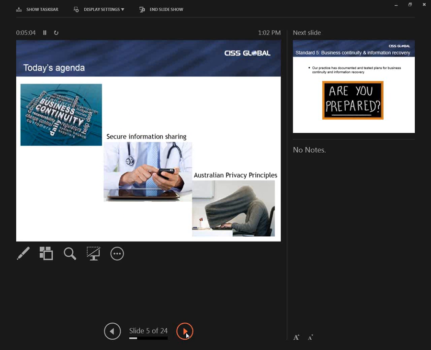The 3 matrices we've chosen today around business continuity, securing health information, and Australian privacy principles, we feel are already matrices that you're doing and that you're already competent at. By completing these 3 matrices, you would have the confidence to go on and complete the remainder and to seek the information you need to complete those matrices.